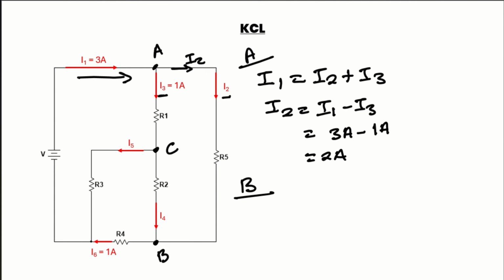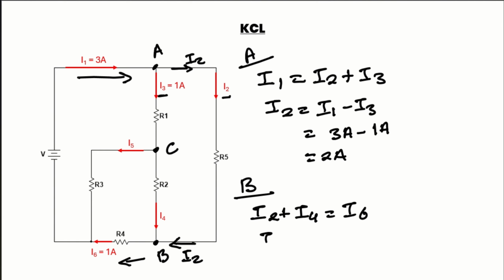Second, at junction B, I am going to apply KCL, where I2 and I4 are coming in towards the junction. So I can write I2 plus I4 must be equal to I6, where I6 is going out from the junction.